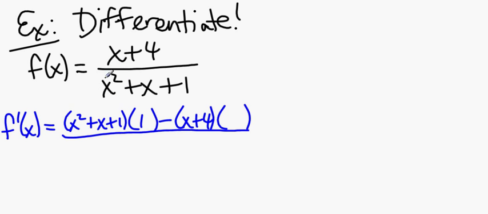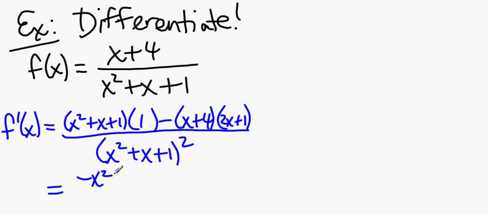We know the derivative of x squared is 2x to the 1, and the derivative of x is 1, and the derivative of a number is 0. For the rest, you won't be scared. It's all over the bottom squared. Now, we are not requiring you to simplify that numerator, but if you did, that's okay too.